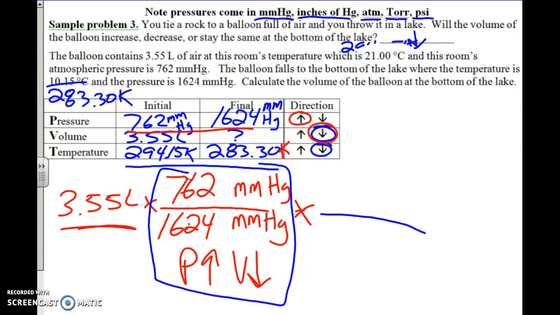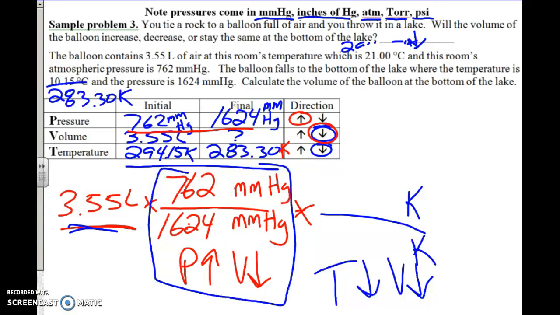little bit further. Now I'm going to look at the Kelvin, because it's another pair that is in the problem. So here, temperature is going down, so volume should go down. So I need to arrange those two to make that initial volume right here become smaller.